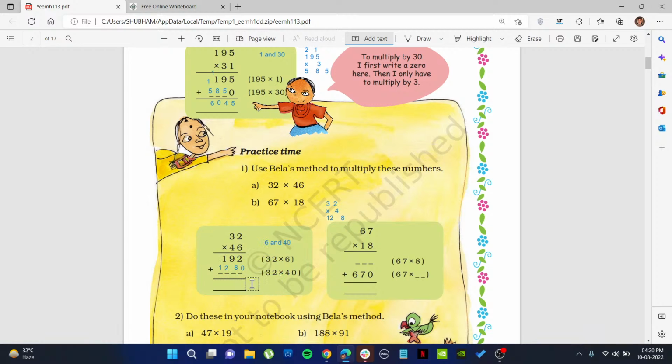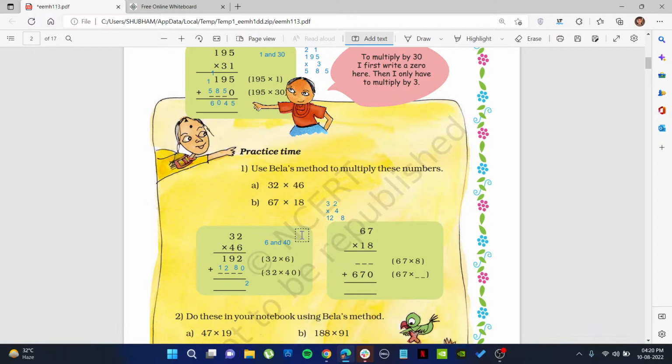Okay. Now our final step would be to add these two numbers. We need to add 192 with this 1280. On adding it together, 0 add 2 would be 2. Now we will be adding 9 with this 8.